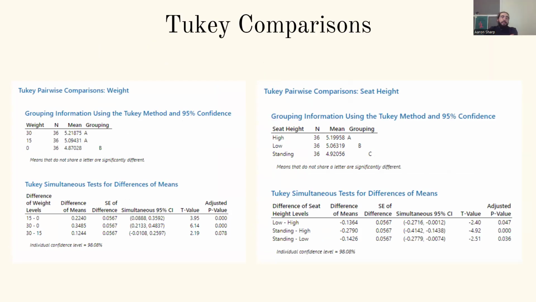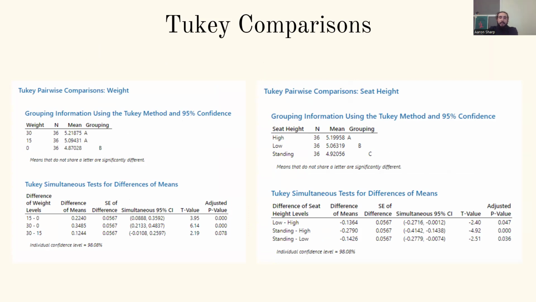Next, we have our two key comparisons, where we see that adding some weight has an effect. So going from 0 pounds to 15 or 0 pounds to 30 does have an effect and is statistically significant, where going from 30 pounds to 15 pounds or 15 to 30 pounds is not as significant.